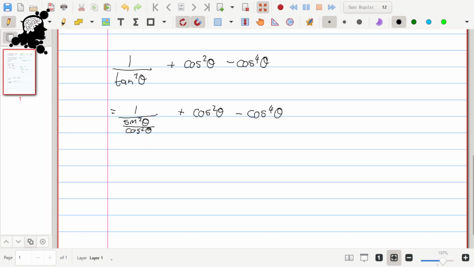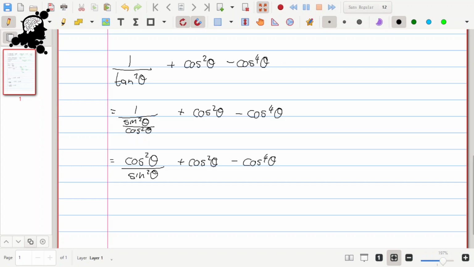Now, I do not like how the first term looks when we have a fraction over a fraction. Because it's 1 over, I can just invert the numerator and the denominator, and end up with cos squared theta divided by sine squared theta plus cos squared theta minus cos to the power 4 theta.